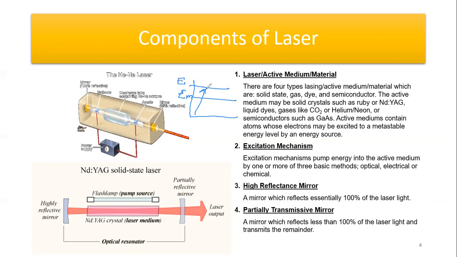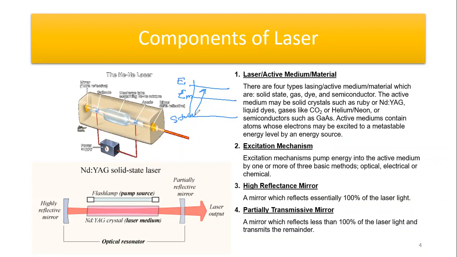Sometimes the electrons would go down. So this is the stable state. This is the excited state. This is the metastable state. So if you pump energy to the lasing material, the electrons jump up.